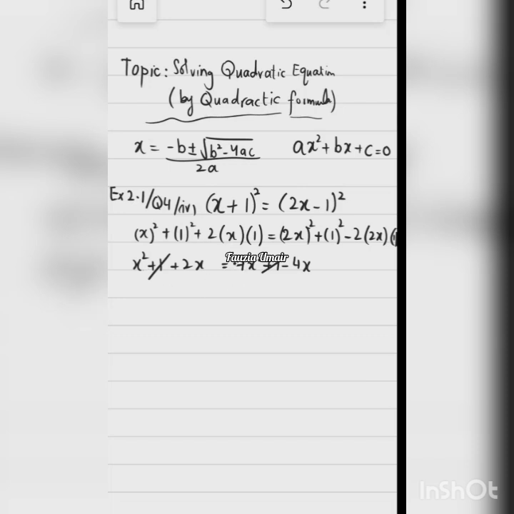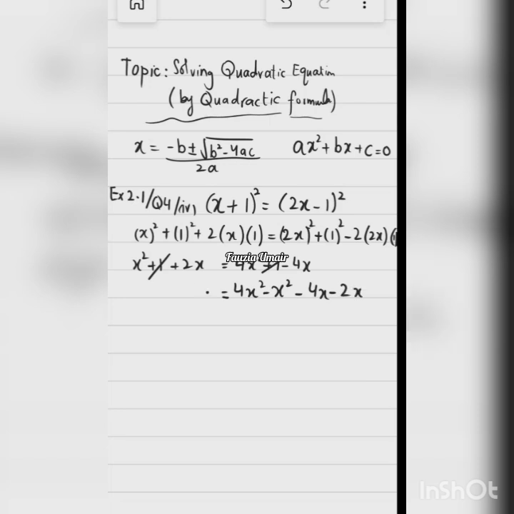So now we can rearrange it. x square is the bigger power here, so let's move all the powers to this side. So this is 4x square, and this x square will come as minus x square, minus 4x. And this plus 2x when it comes on this side becomes minus 2x.